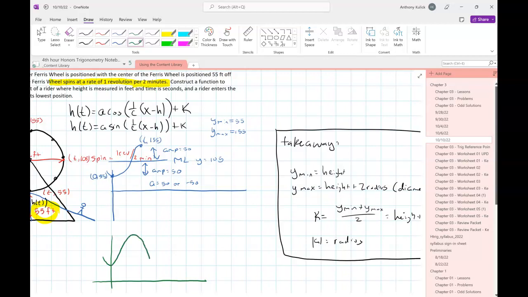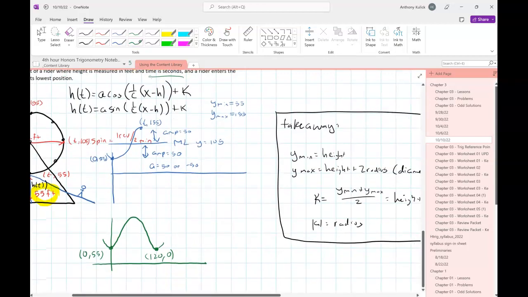So if it does one spin in 120 seconds, we start out at 0, 55, and it says t in seconds, so that's why I'm doing 120. We're back down to that low point on the Ferris wheel, right? So that's exactly what it's going to give me. That one period is 120 seconds.